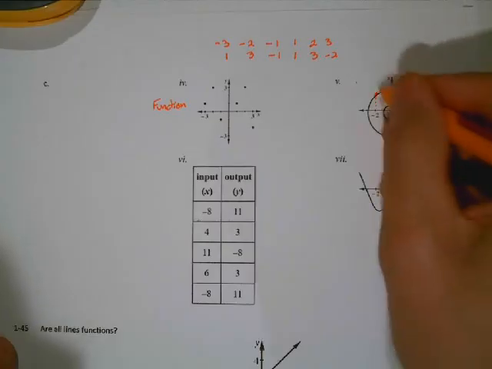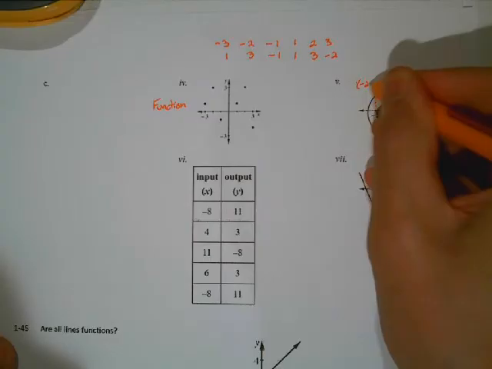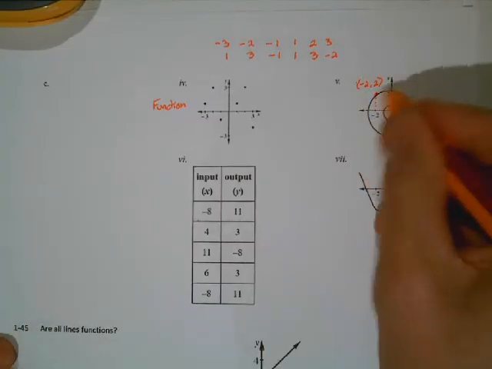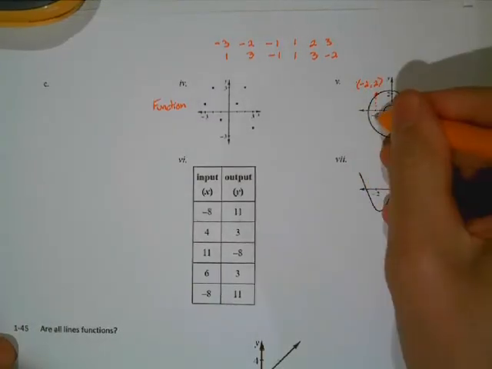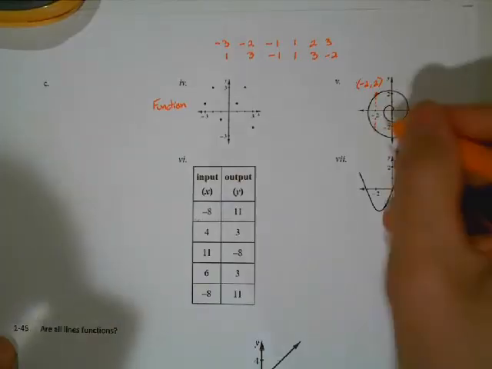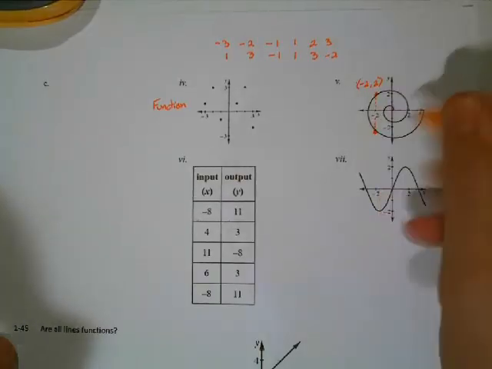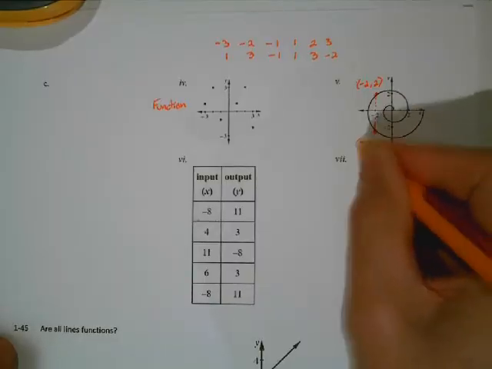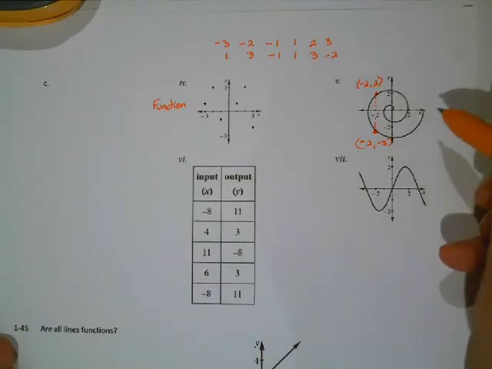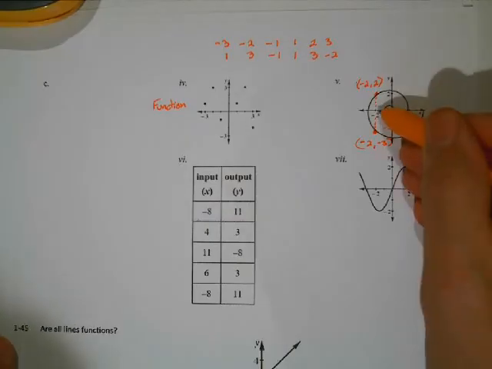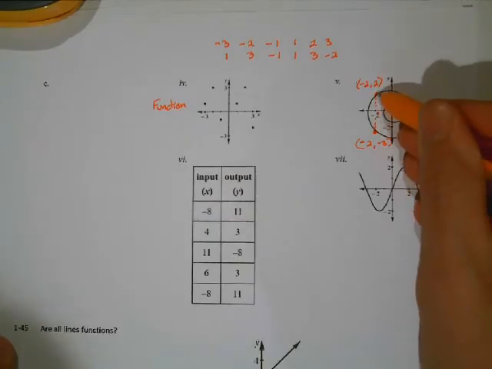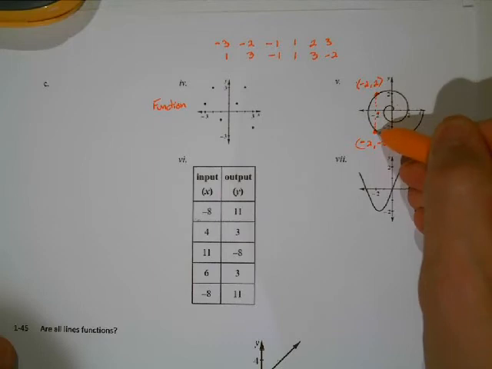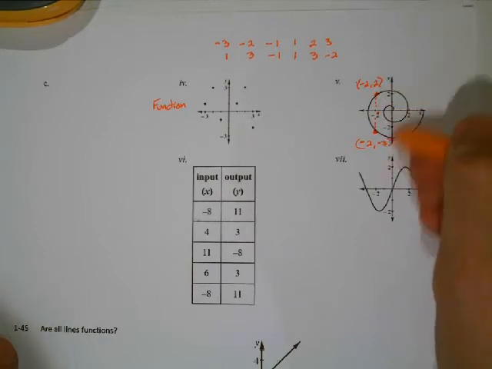That looks like positive 2. So negative 2, 2 is on the graph of that function. But then if I go down here, I don't know what number this is, but it looks like negative 2, negative 3. So we're going to say this is not a function because when I plug in negative 2 to the function, sometimes I'm getting 2, and sometimes I'm down here getting negative 3. I'm getting 2 different outputs for the same input.